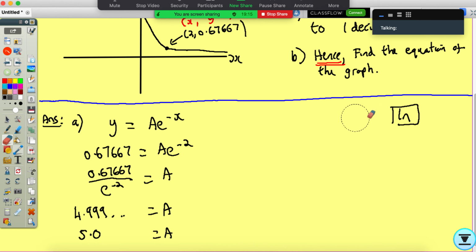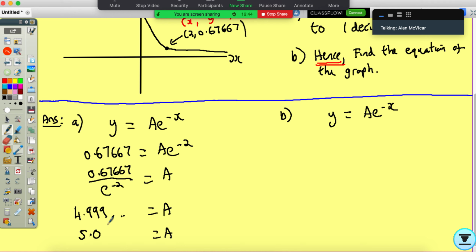Okay, so I've just taken the form of the line that they always have to give you in the question. Now that's fine. Hence, my form of my graph is a e to the power of negative x, but I've worked out that a is 5.